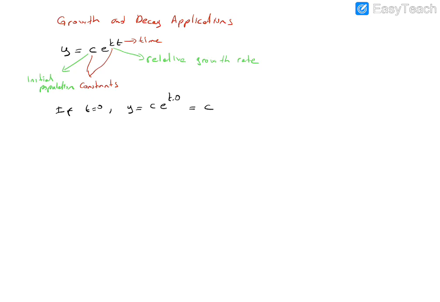If the relative growth rate k equals 0.02, then at any time t, the population is growing at the rate of 0.02 y persons. That is, 2% of the population per year.